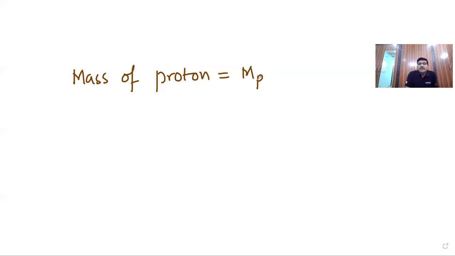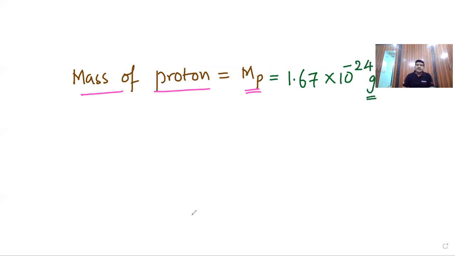Mass of proton is equal to 1.67 into 10 to the power of minus 24 grams. G stands for grams.